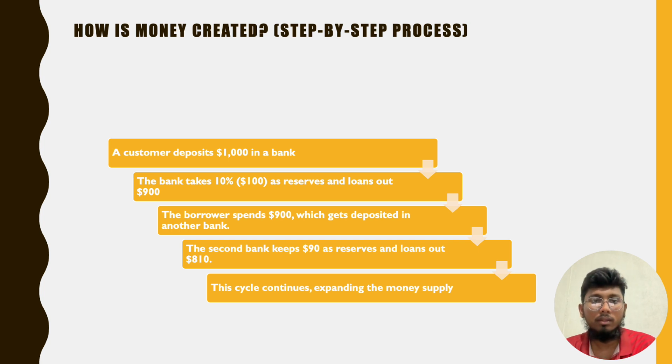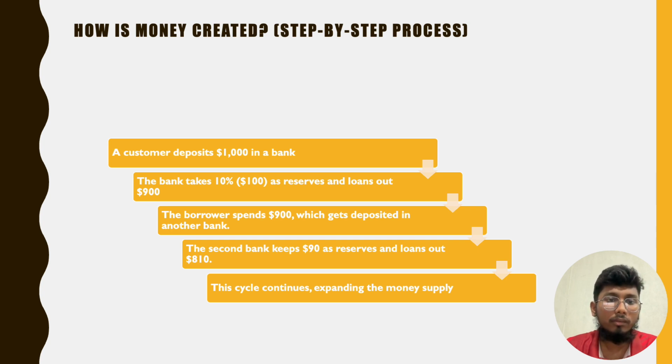Then the borrower spends $900, which gets deposited in another bank. So the first bank keeps 10% of the deposit made by the customer and the $900 is spent in another bank.